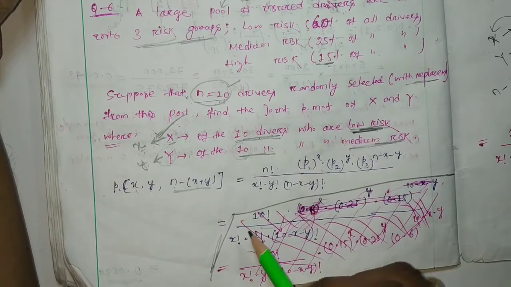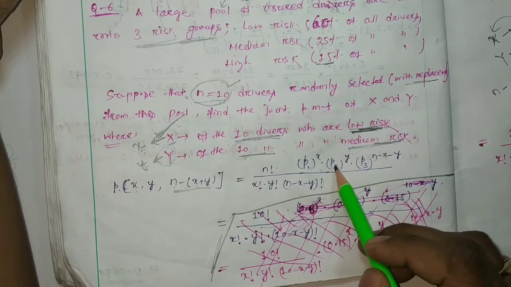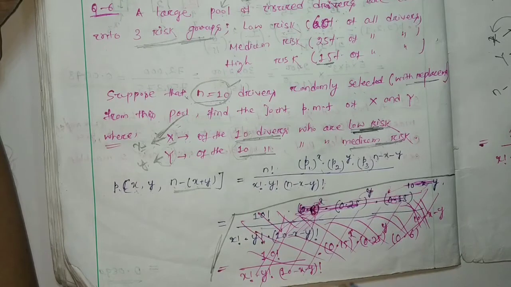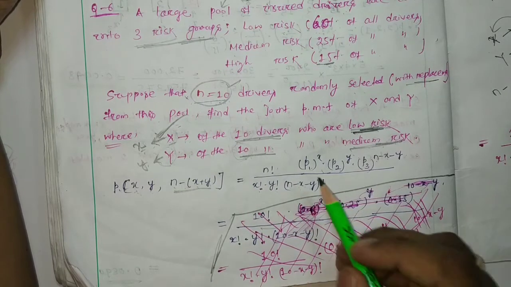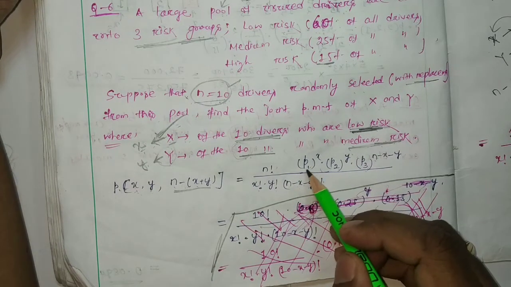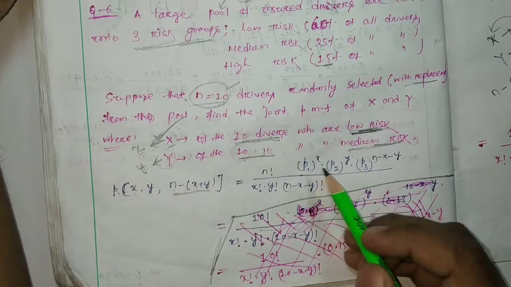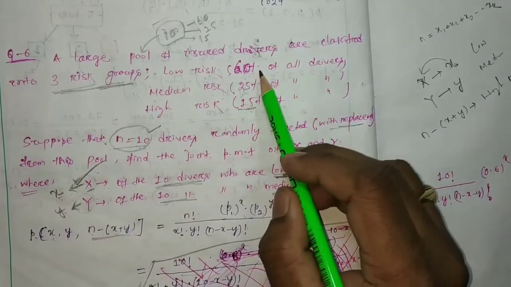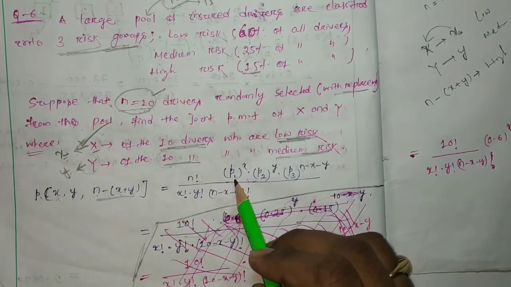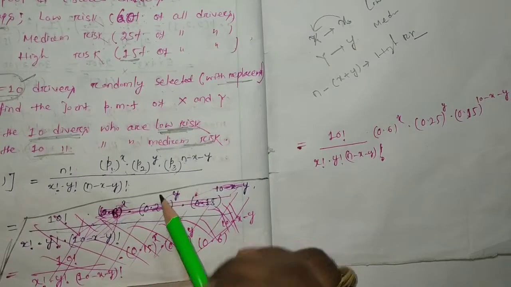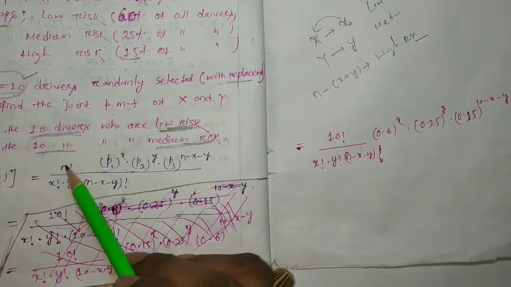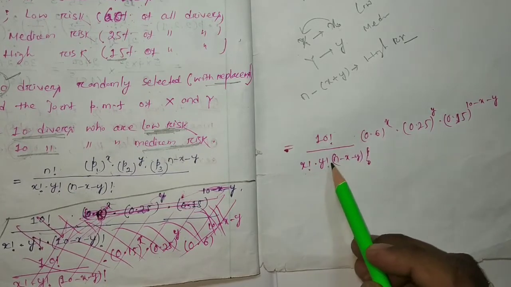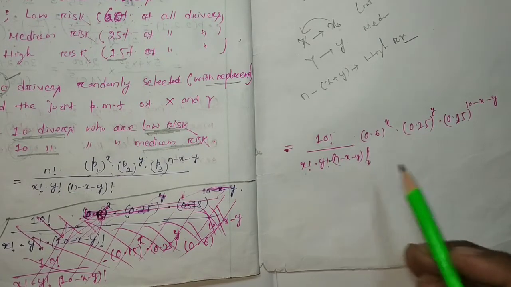P1 represents your low risk, p2 represents medium risk, p3 represents high risk. So the probability of low risk among the whole pool is 60 percent, so p1 will be 0.6. Here we put 10 factorial by x factorial y factorial into n minus x minus y factorial.